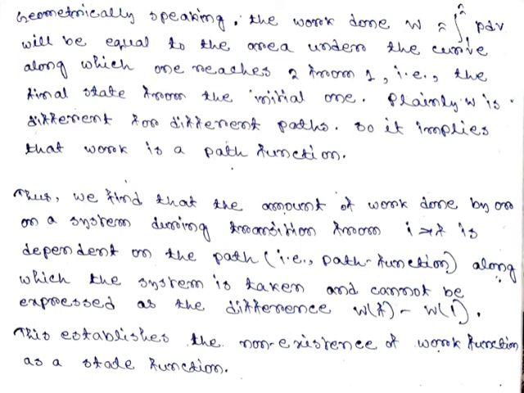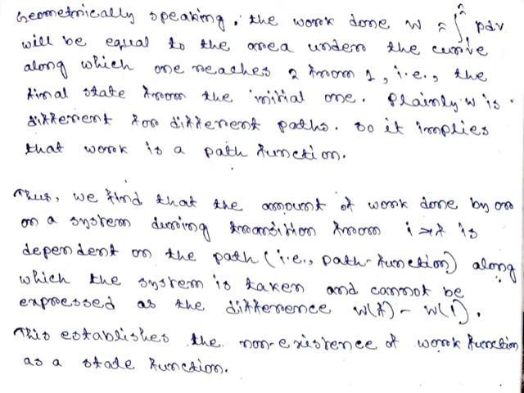Actually, geometrically we can express the work done as the area under the curve along which the transition occurs from the initial state to the final state, and thus the work done is different for different paths, which implies that work is a path dependent function, which means work done is not a state function.